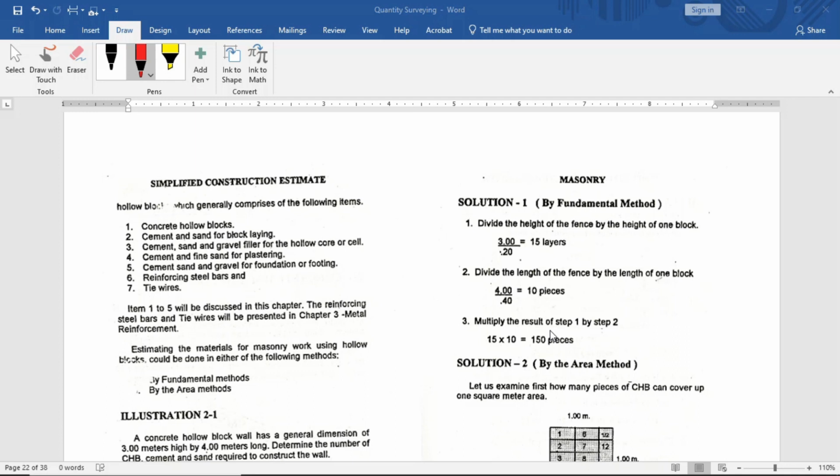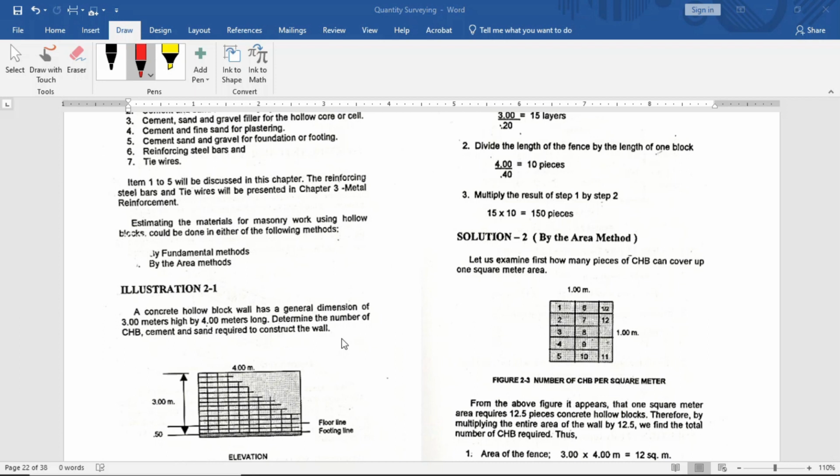So, magdi-discuss tayo dito ngayon kung paano mag-estimate ng hollow block. There are two methods: the fundamental method and the area method.